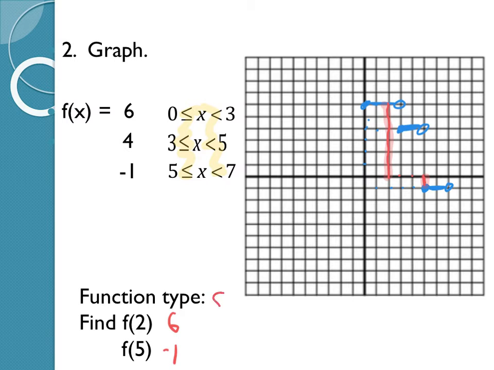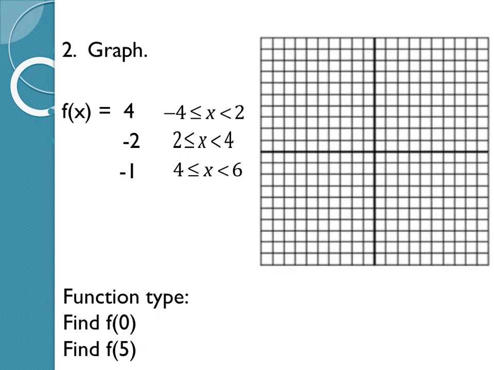It is a step function. Okay, the next one. Same thing. Okay, we're going to go to 4. So 1, 2, 3, 4. 1, 2, 3, 4. We're going to enclose 4 and go to 2 and leave 2 open.